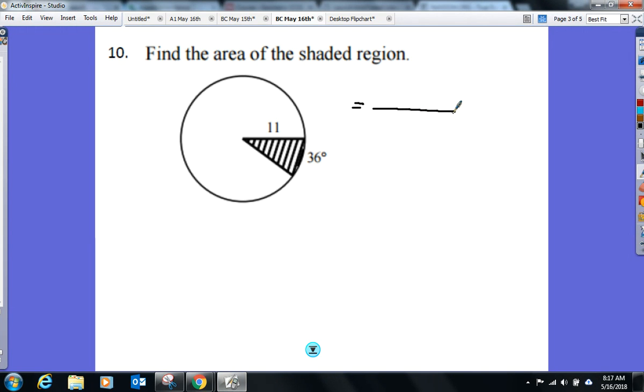Okay, what's the x represent? Okay, so in this case, what do you got for me? 36 over, go continue, Ethan. 360 times. Okay, radius? 11 squared.